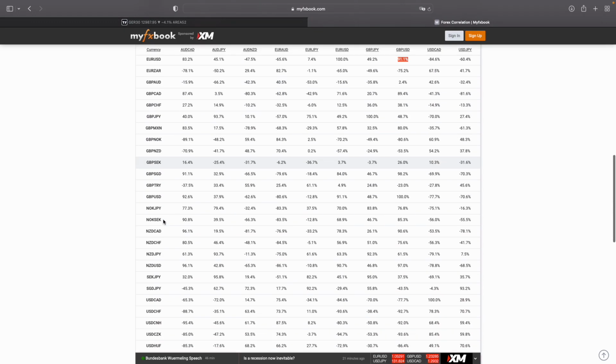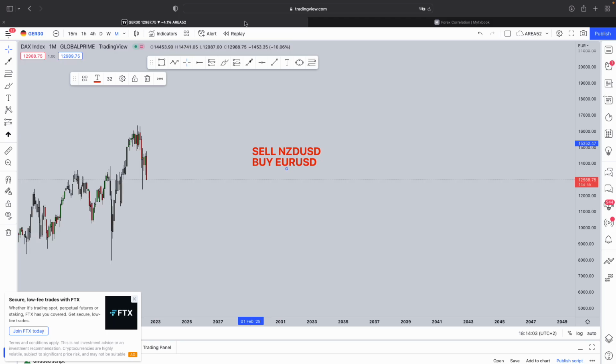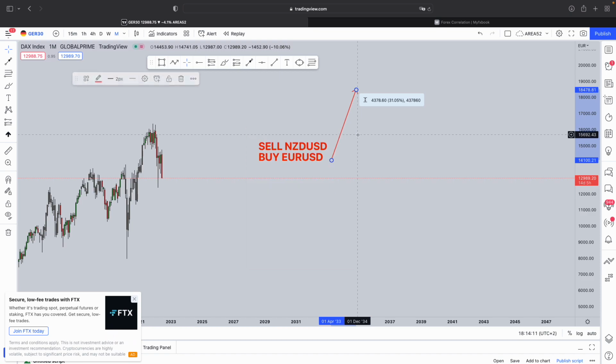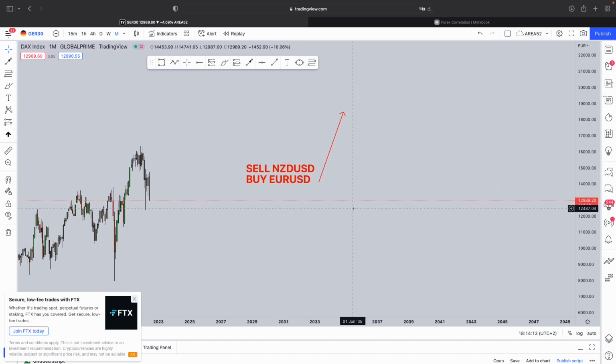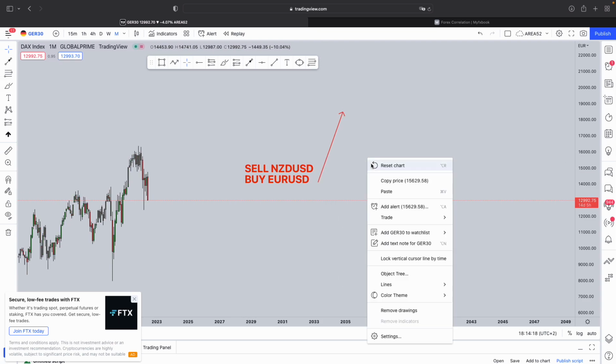Okay, let's go to NZD USD, and you look at the Euro USD. Yeah, they've got a 90% correlation. There's a 90% chance that both of them are going to move in the same direction. So imagine you sell this and you buy the other one, but they both tend to move in the same direction because you're trading both of them against the dollar. So whoever the guy is that has sent you guys the signal, this should be punched in the face.